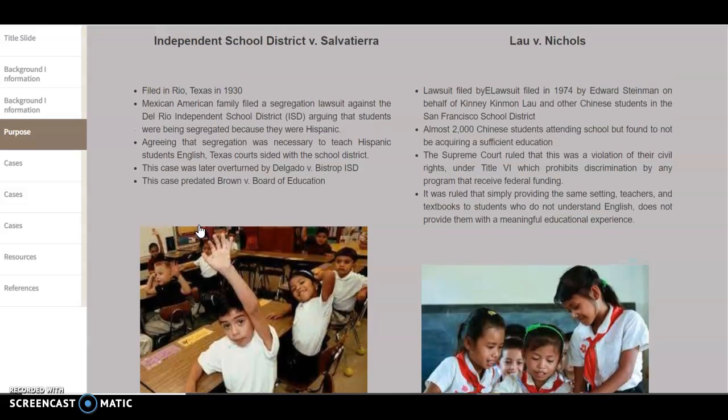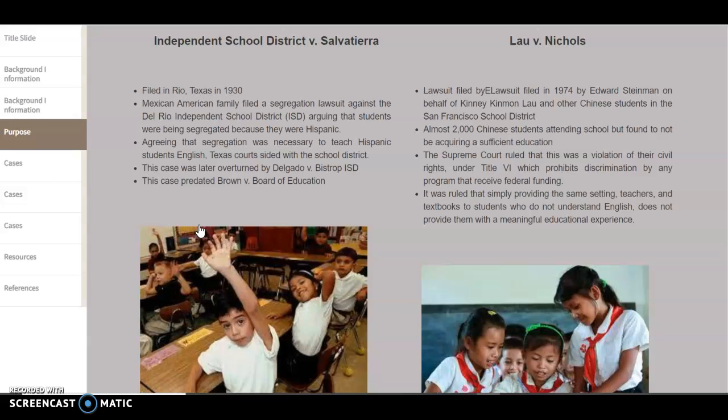Another very significant case was Lau versus Nichols. This was a lawsuit filed in 1974 by Edward Steinman on behalf of Kinney Kinmon Lau and other Chinese students in the San Francisco School District. There were almost 2,000 Chinese students attending the school, but not found to be acquiring a sufficient education.